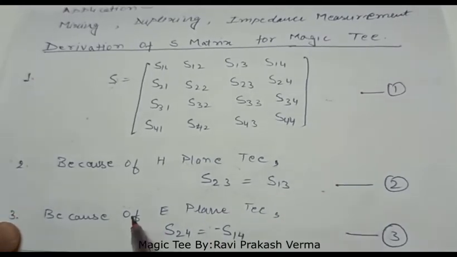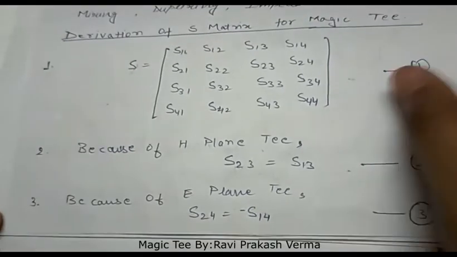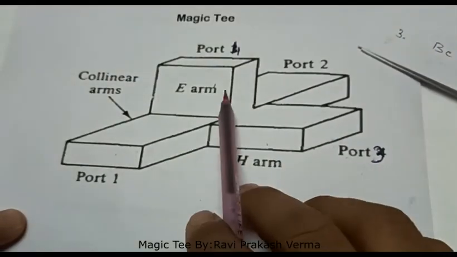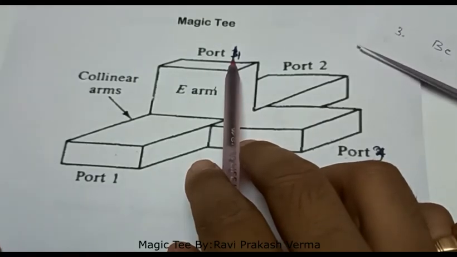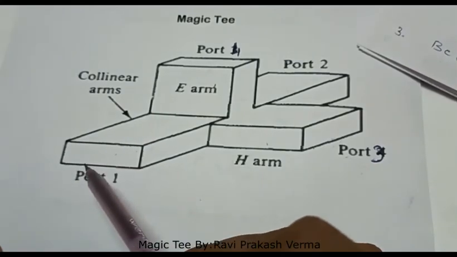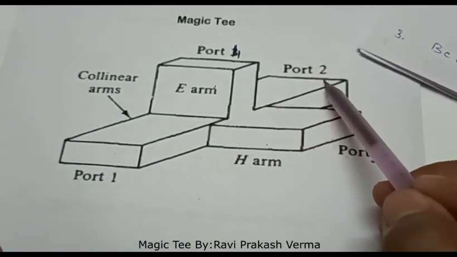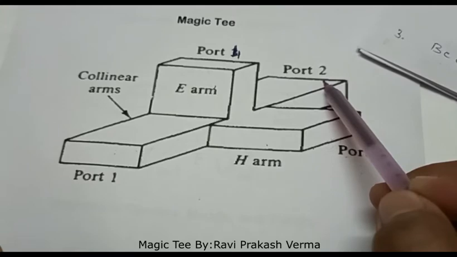In the third point, because of the E plane T, it has port 4. If we feed input at port 4, then the outputs we get at port 1 and port 2 have equal magnitude but opposite phase.